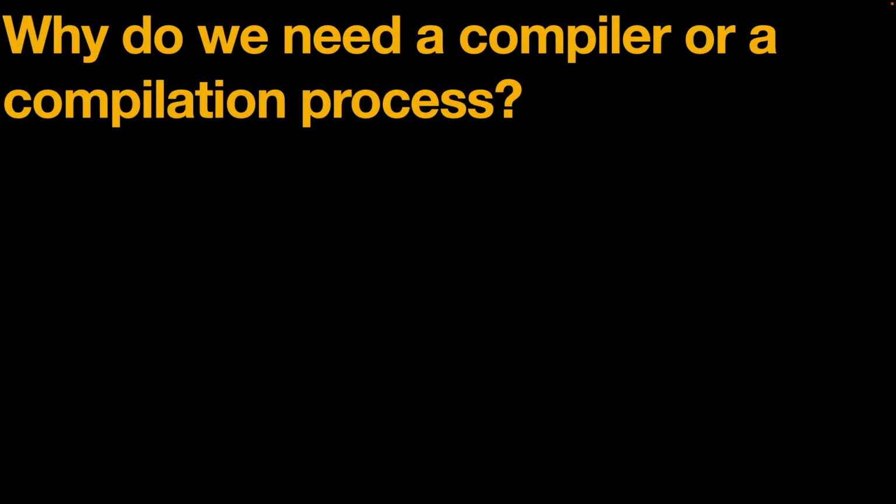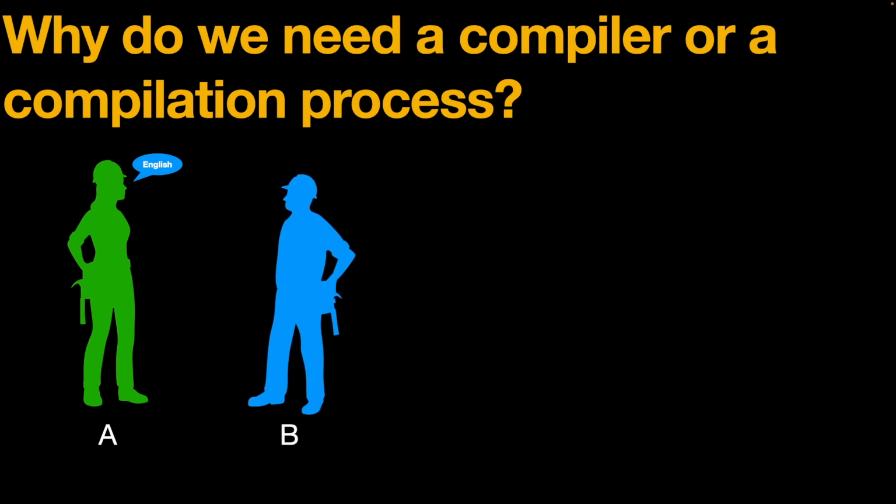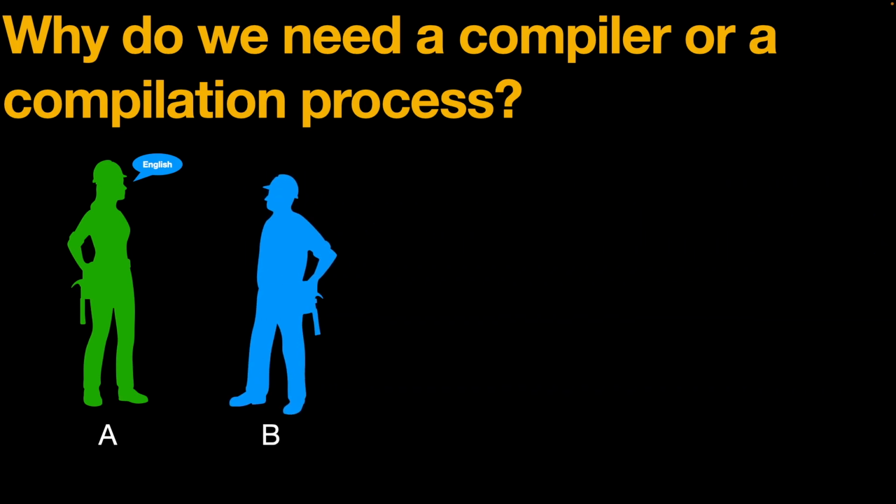But before going to discuss the compilation process, let's try to understand why we need a compiler or a compilation process. Let's consider a real life example where person A, who speaks only English, would like to talk to person B, who knows only Bengali.